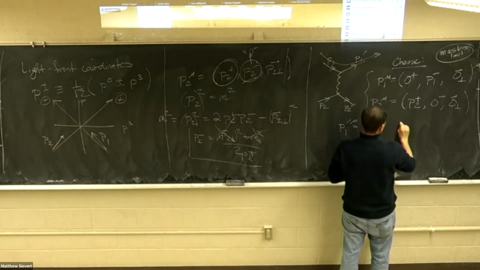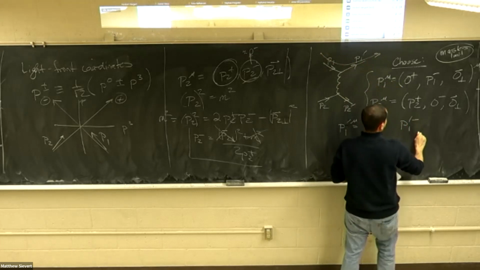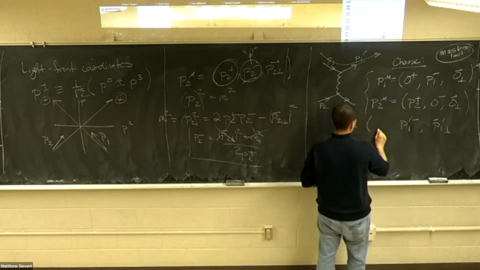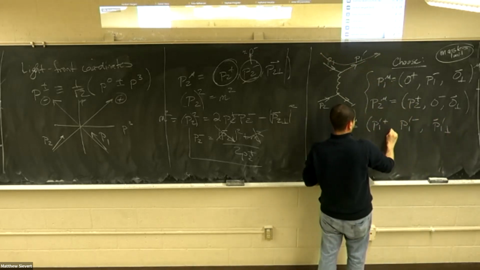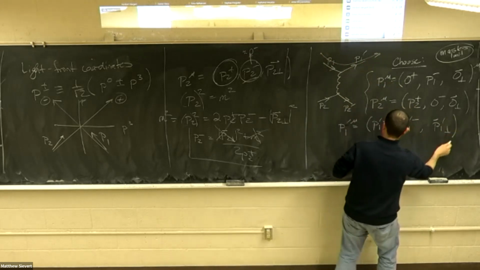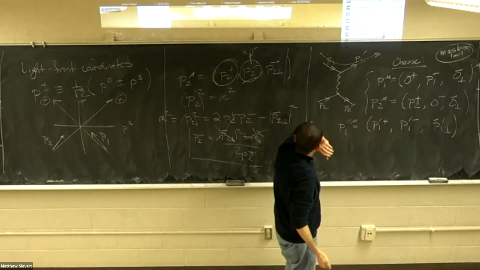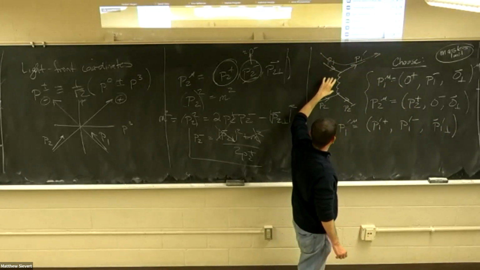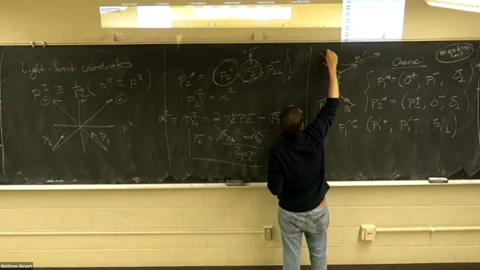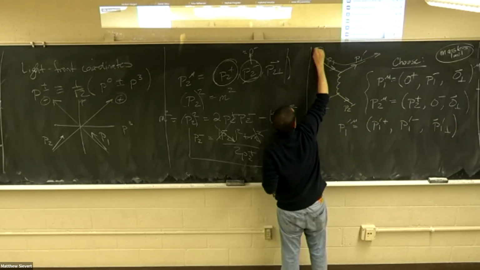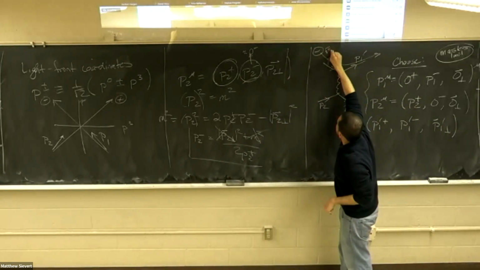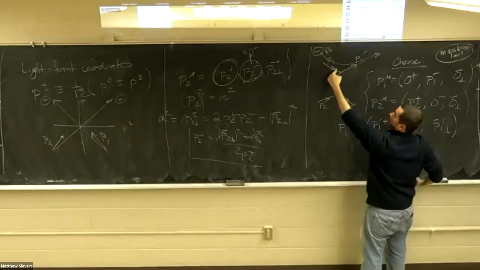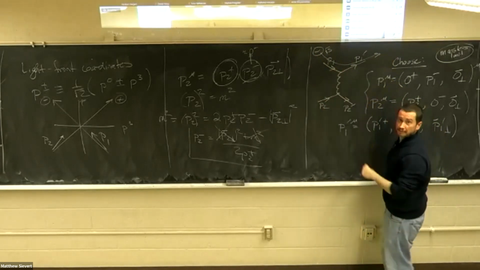So I have P1 prime minus, and I have some transverse momentum, P1 prime perp, P1 prime plus in general. What I'm trying to say here is that the kinematics that's going to dominate the scattering, which we'll show in a second, is the one where all of that momentum, here it's minus momentum, I've got a large light front minus momentum of order square root of s that comes in here. The dominant configuration is that that momentum goes straight out into the final state.